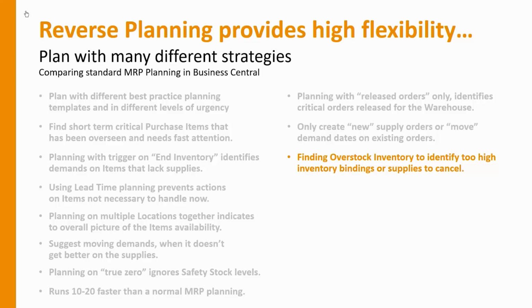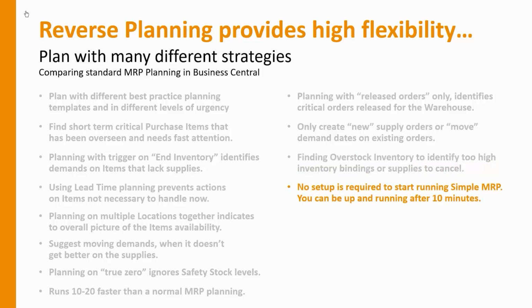So whereas the normal MRP would also have actions to cancel orders, we would do that with what we call overstock inventory, to figure out items that are too high on inventory, supplies that we need to cancel, or maybe items that we need to sell out because we didn't sell as much as expected.